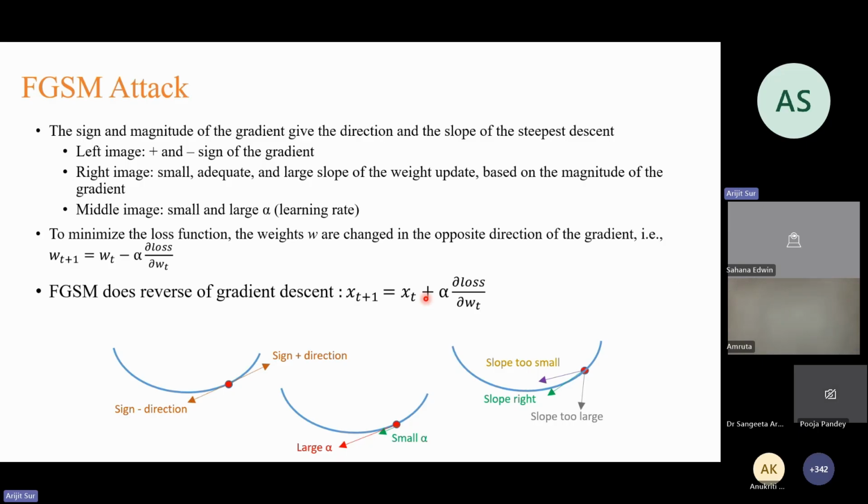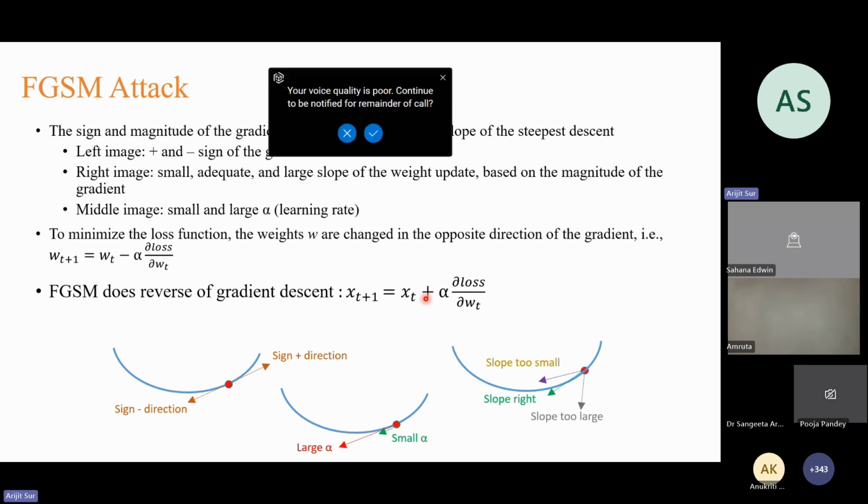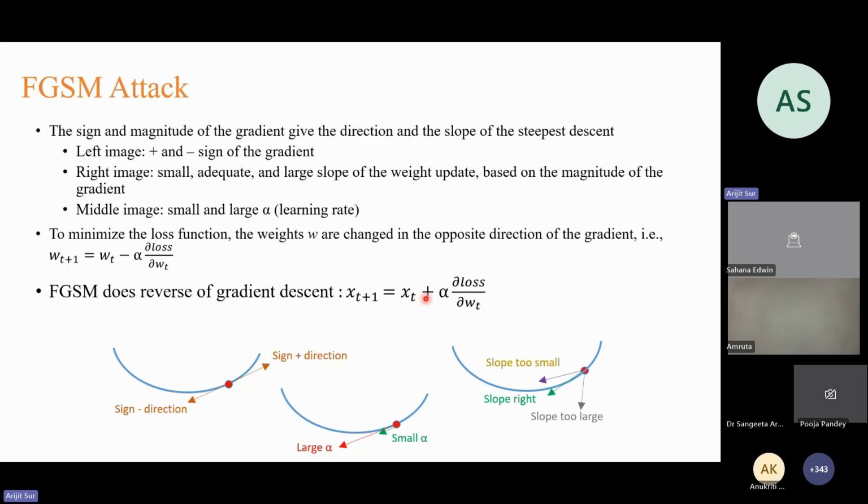In general, gradient descent tries to find the local minima so that the error is reduced and we get correct classification. If we do the reverse, we increase the error so that the chance of misclassification increases. This is the basic idea. It's not that easy, but this is the main idea behind it.